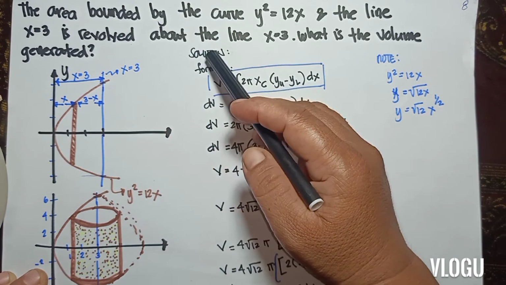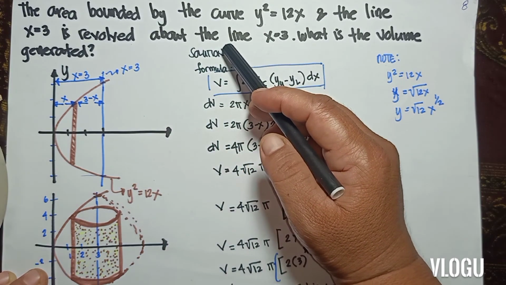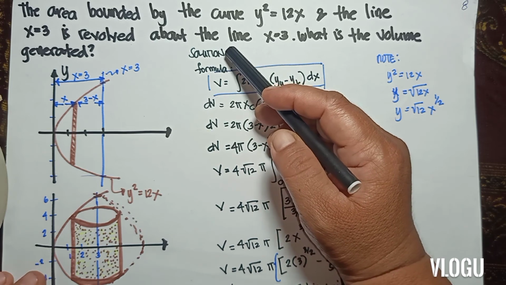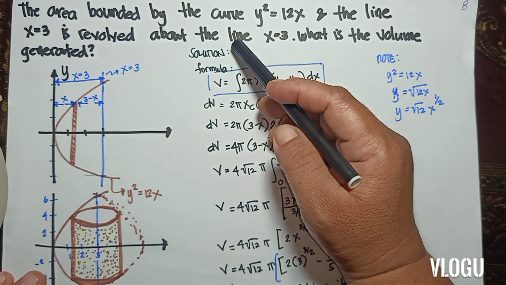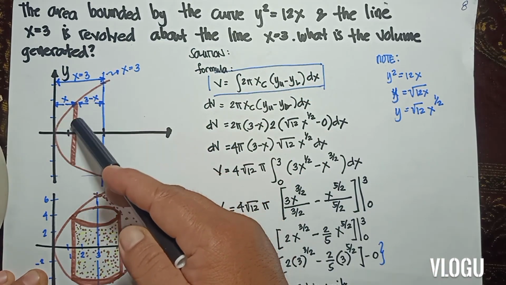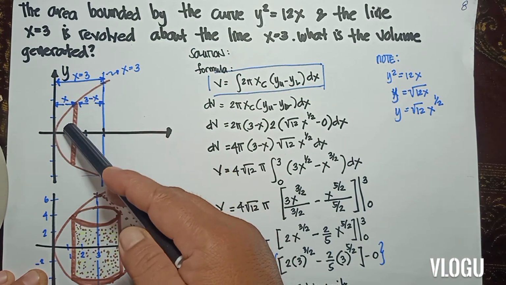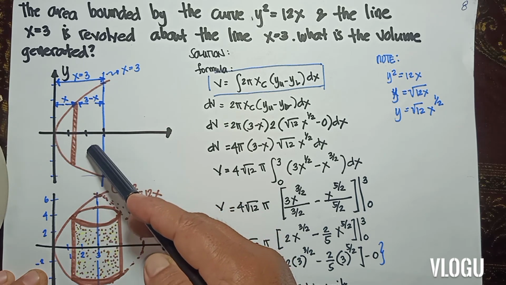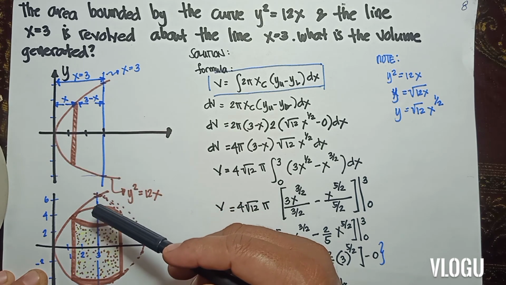But it is not stated that our problem is only for the first quadrant. So, your area of interest is the first quadrant and the fourth quadrant.